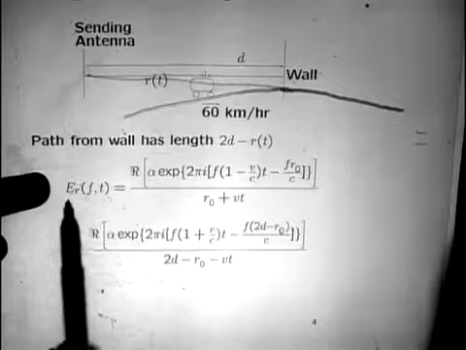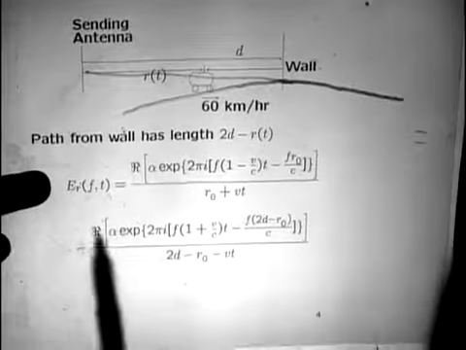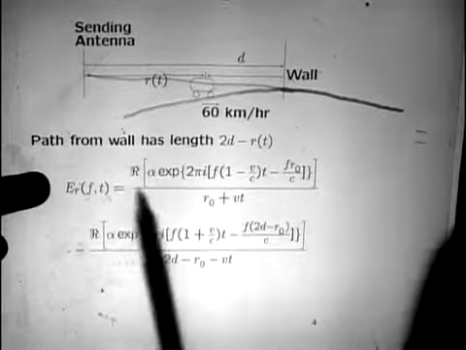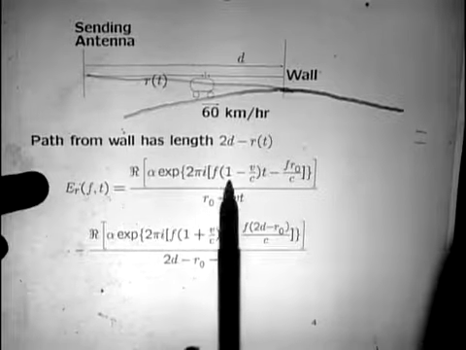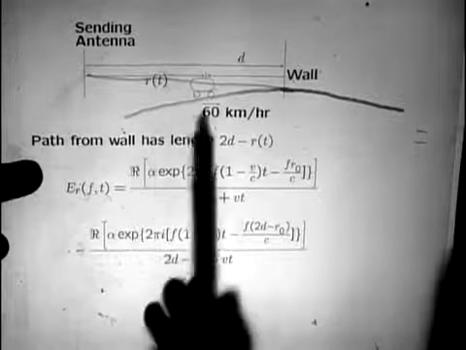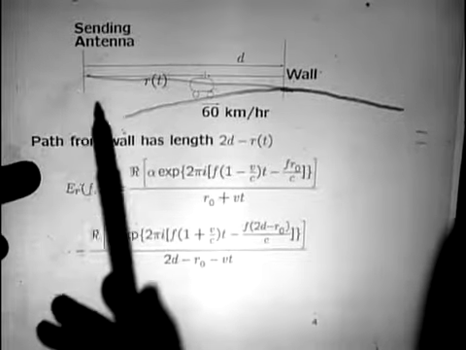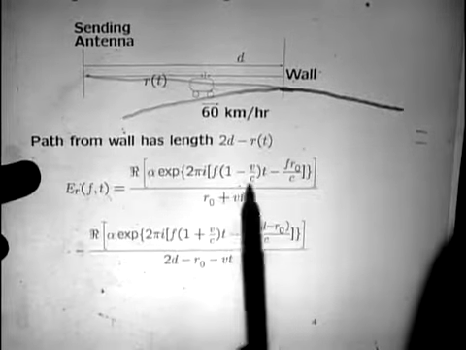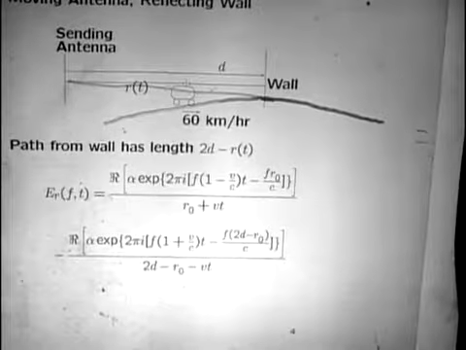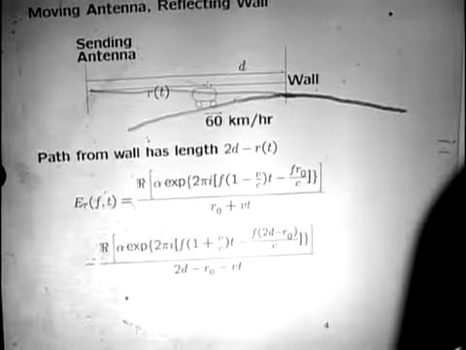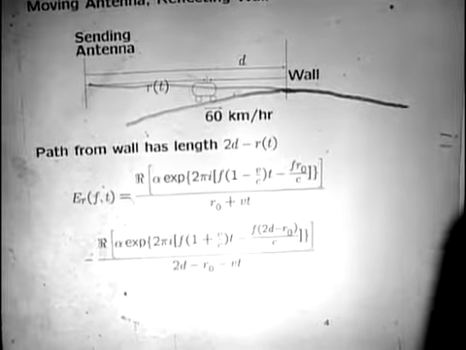as a result of that, the electric wave has two components. One is the component we were dealing with before, where there's this Doppler shift because this is moving away from the sending antenna. The other term, in fact, we are moving closer to the wall, and the distance in this path is getting shorter and shorter as doom approaches.